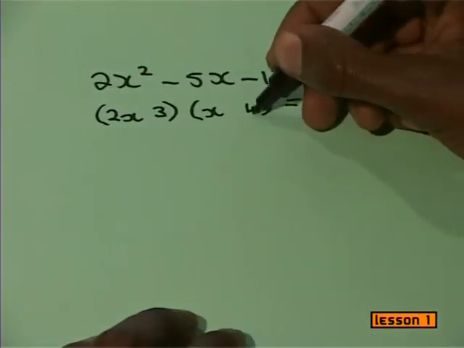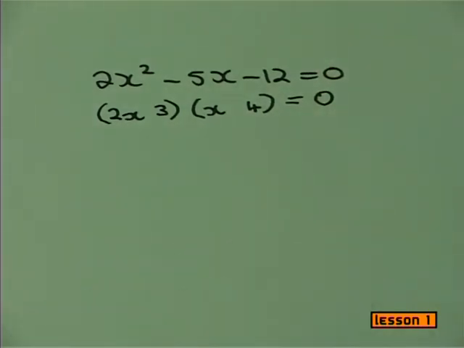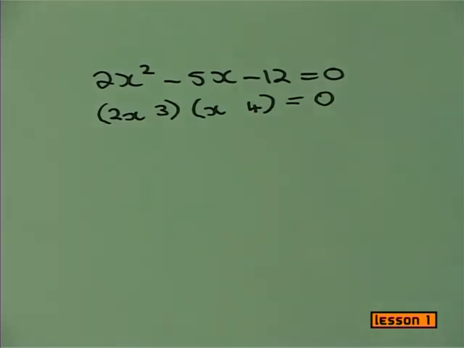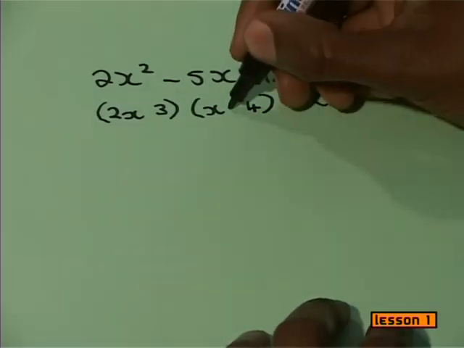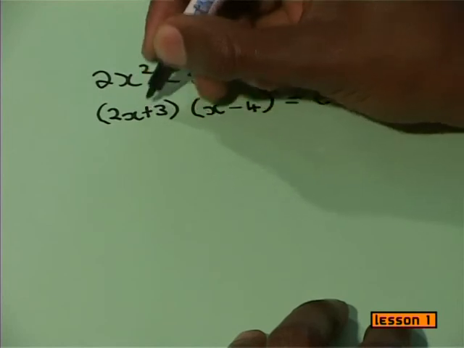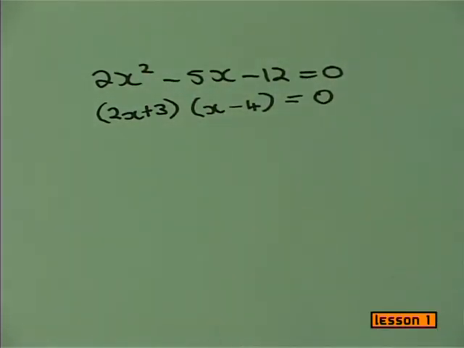Let me put that into the brackets. The sign of C is negative, so the signs in the brackets are different. And the bigger number takes the sign of B, which means there is a minus in this bracket and a plus in this bracket.